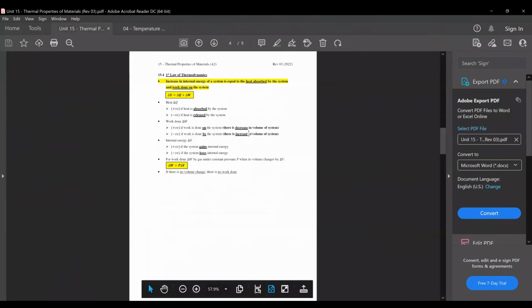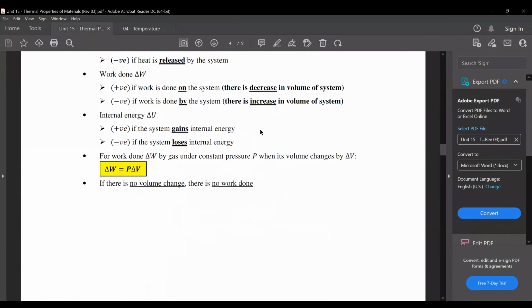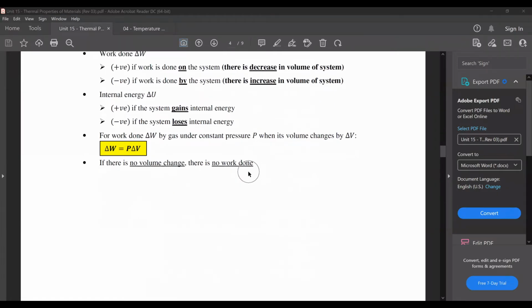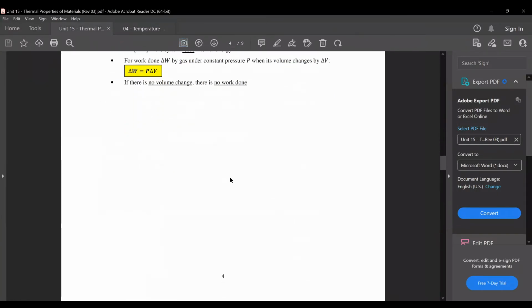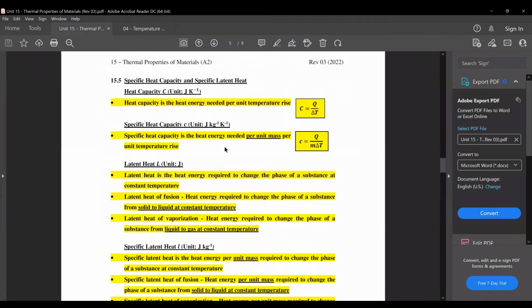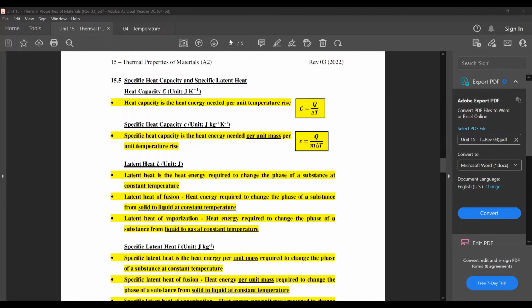All right. Okay, right. If you look at page 5 of your notes, we already did page 4, which is thermodynamic first law. Look at page 5 of your notes. Okay. Now, in IGCSE or SPM last time, you may have learned the concept of specific heat capacity and specific latent heat.